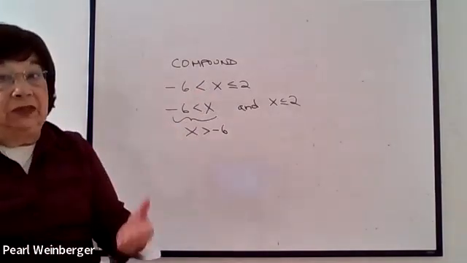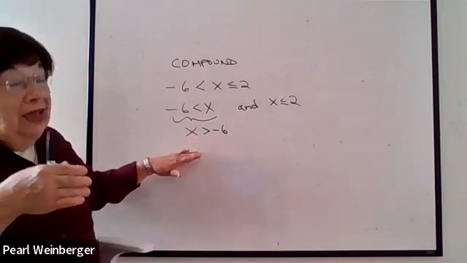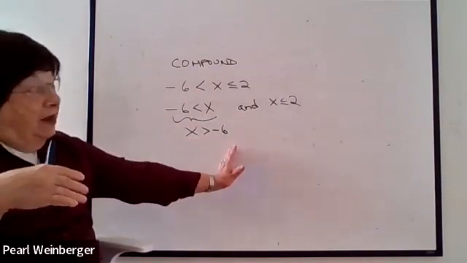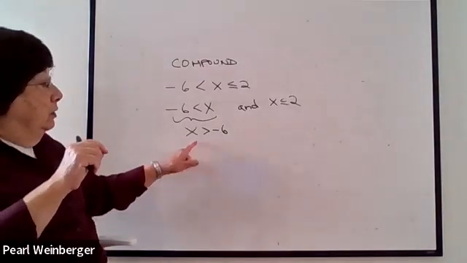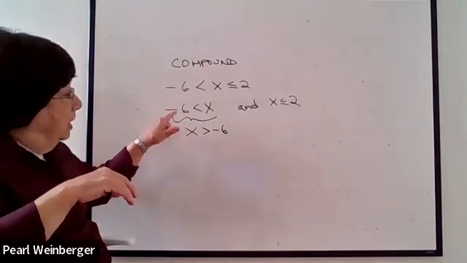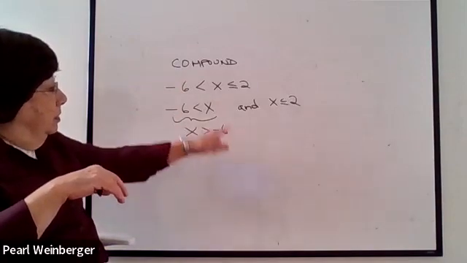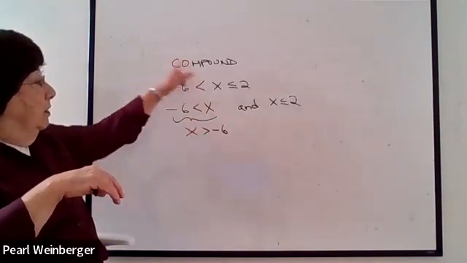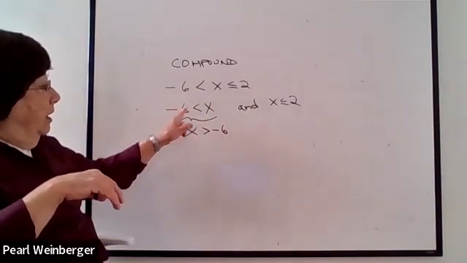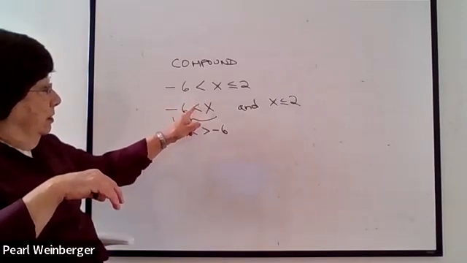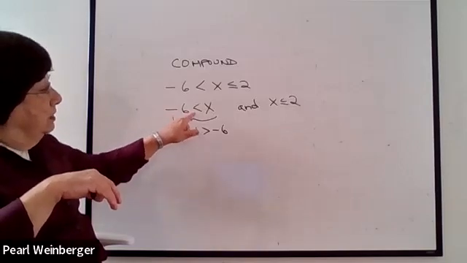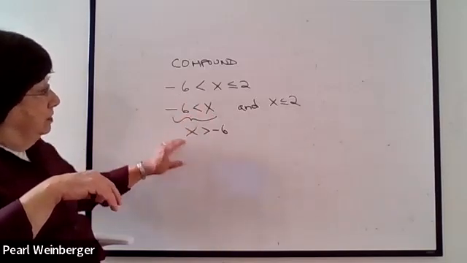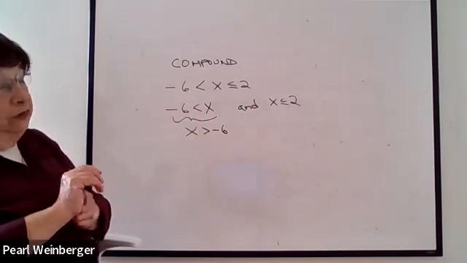As a matter of fact, if you solve an inequality and you get the x on the wrong side, on the right instead of on the left, you can switch it by just switching every single thing. Put the number on the right, the variable on the left, and of course then the inequality gets switched around, because saying -6 is less than x is equivalent to saying that x is greater than -6.